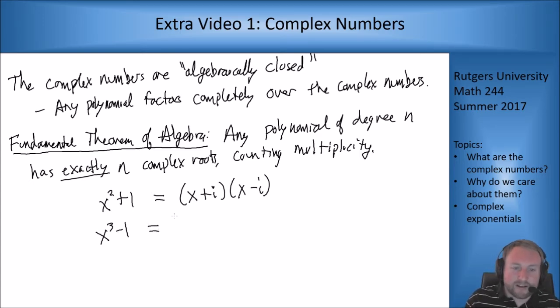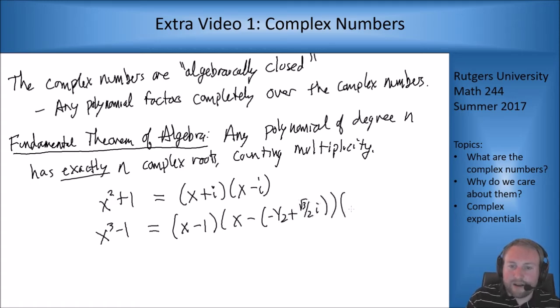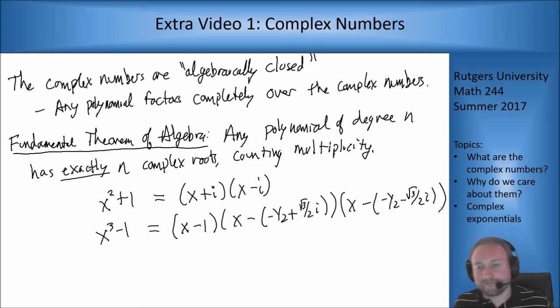But over the complex numbers, it factors completely into (x minus (-1/2 plus root 3 over 2 i)) and (x minus (-1/2 minus root 3 over 2 i)). So finding those is not very easy, but it does factor entirely.